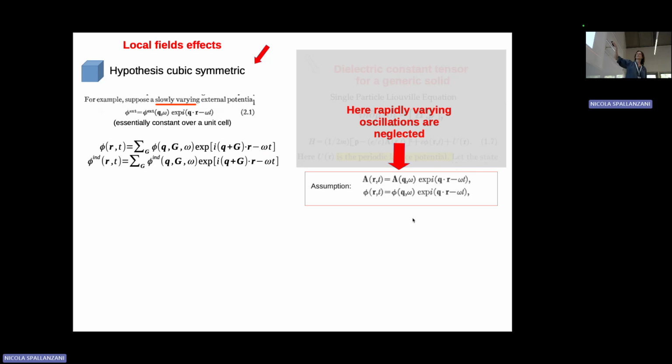If we compare what I say here and what we had on the right of the slide, we see that in this case the rapidly varying oscillations have been neglected, in the sense that there is no difference between this macroscopic and microscopic potential.